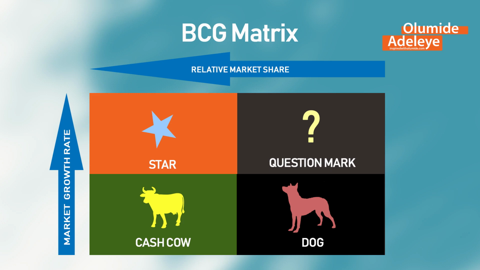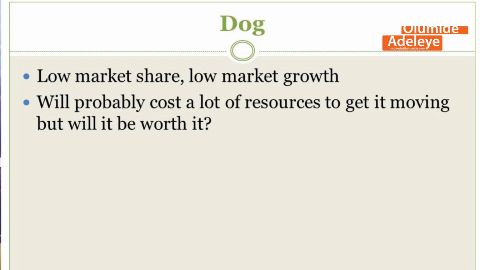I know that's a strange name. I'm not sure why BCG decided to use names like that, but those names surely describe the scenarios in very unique ways. So there is that category called dog. And what does dog really imply? Dog is what you have when you're in a situation of low relative market share, but also low market growth.